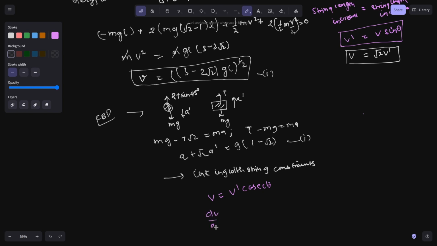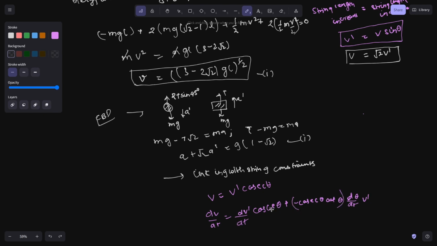Now we can do dv by dt, and after doing dv by dt, we know that it is cosec theta, minus cosec theta cot theta, d theta by dt, v'.